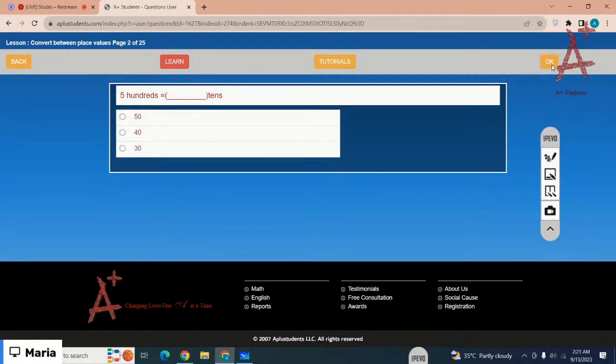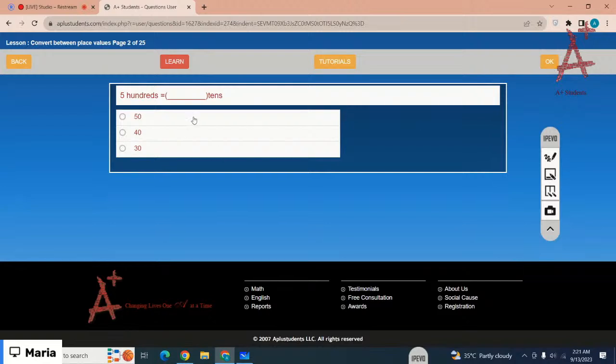500 equal how many tens? 500 equals 50 tens.